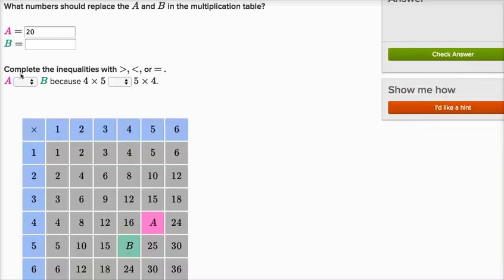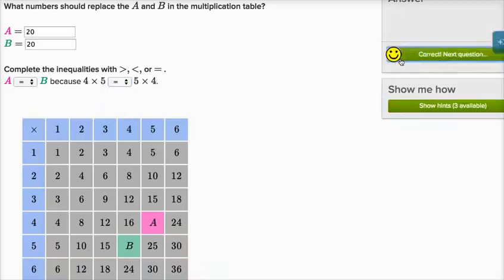That's going to be 20 as well. So either way you look at it, they're the same. So complete the inequalities. A is equal to b because 4 times 5 is the same thing as 5 times 4. It doesn't matter what order you multiply them in.